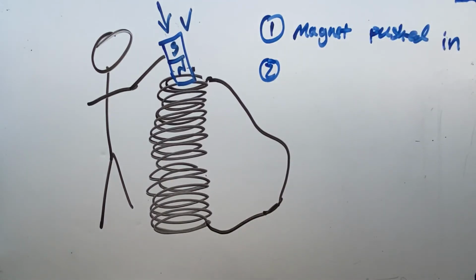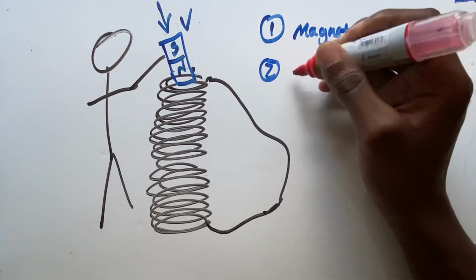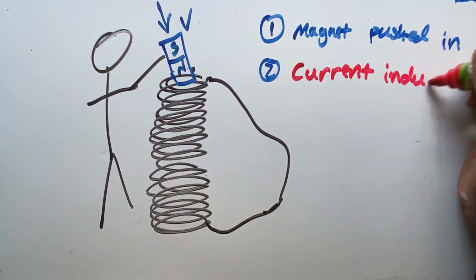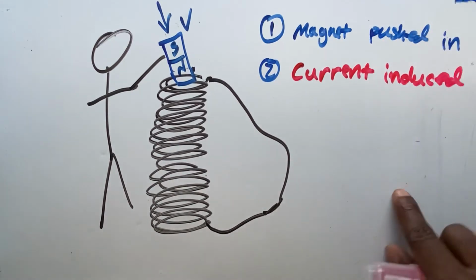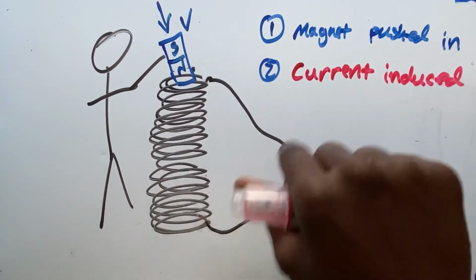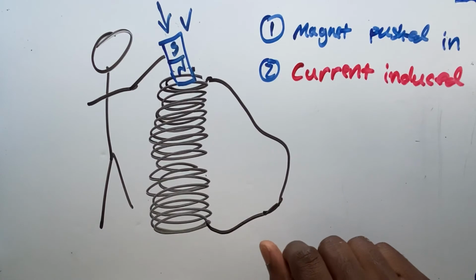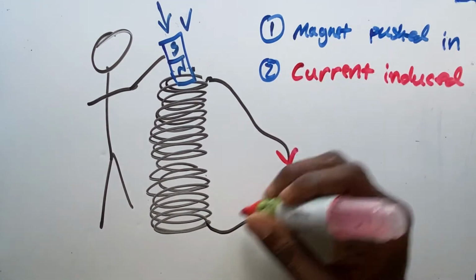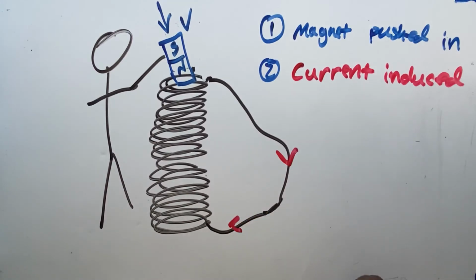Put it in red. A current is induced. Right? That's basically Faraday's law. So you push this magnet in with some velocity, a current's going to be induced through this wire. So let me draw that on here. So now there's a current induced in a wire.